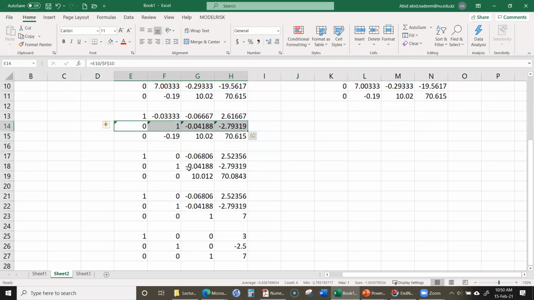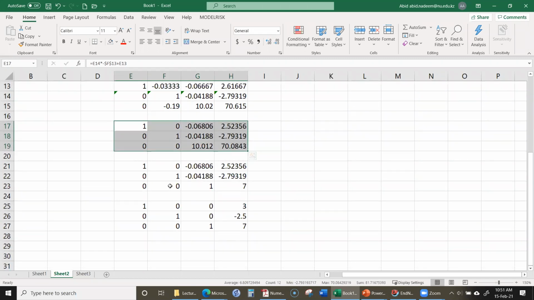Then I made these two values 0 by the row operation, and I got this equation system.